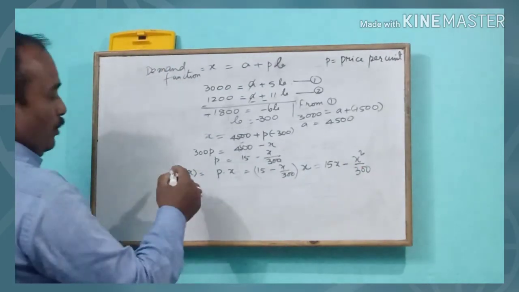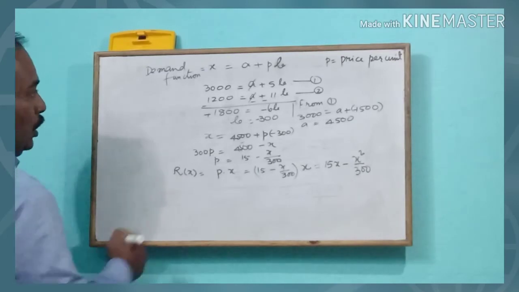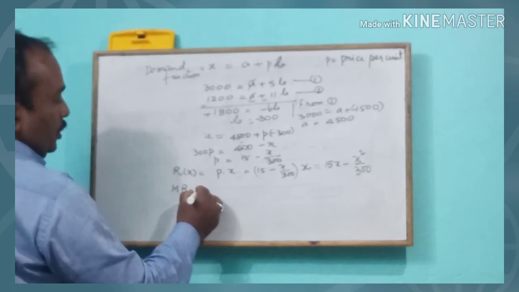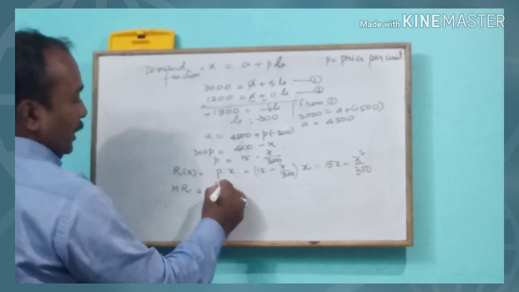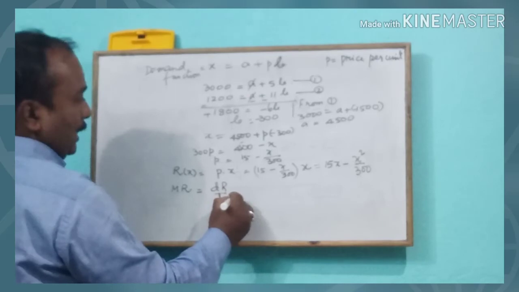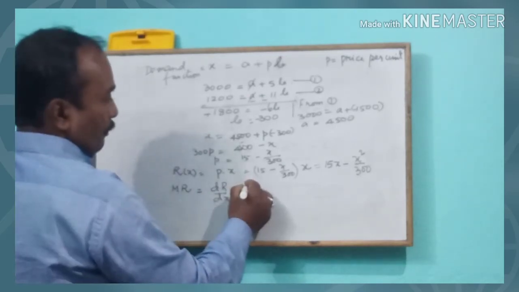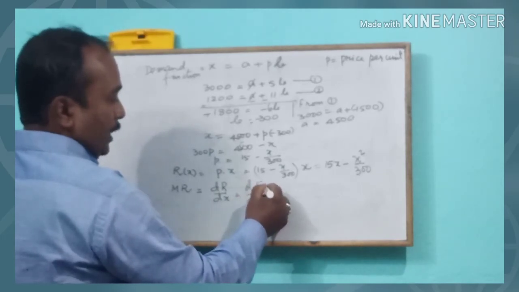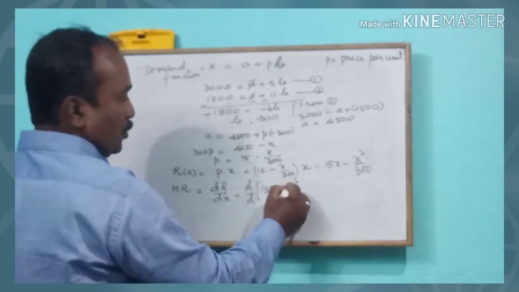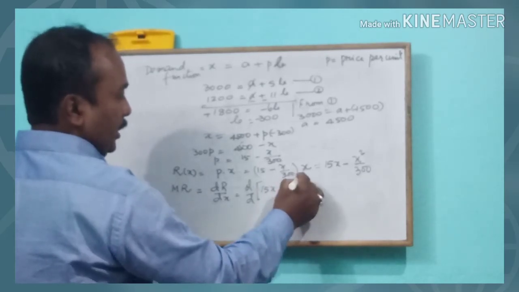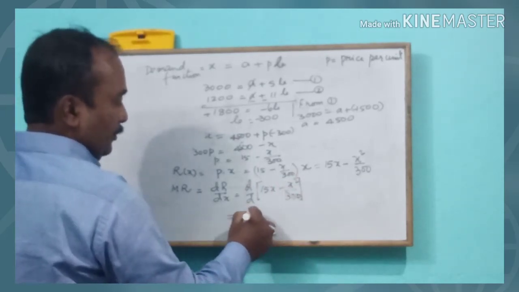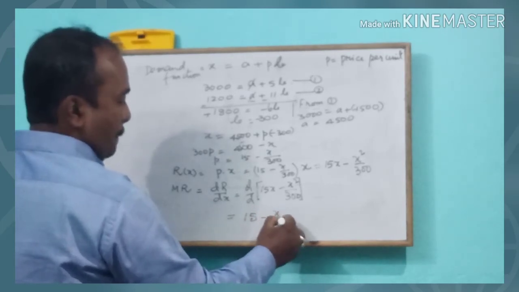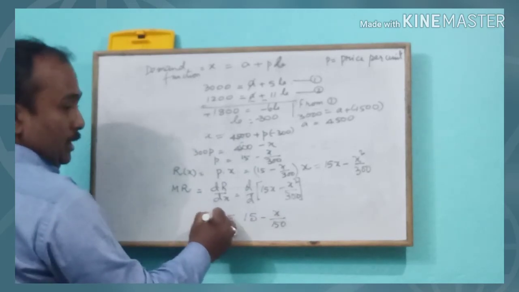So demand function we have got, revenue function we have got. So marginal revenue is equal to dR by dx, that is derivative of 15x minus x square by 300, that is 15 minus x by 150. This is the marginal revenue.